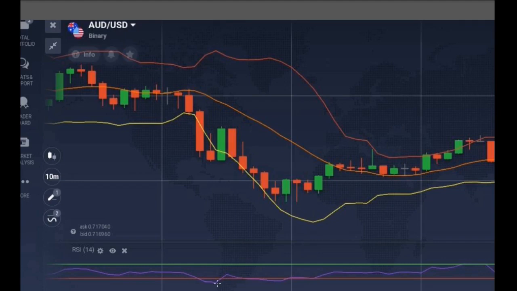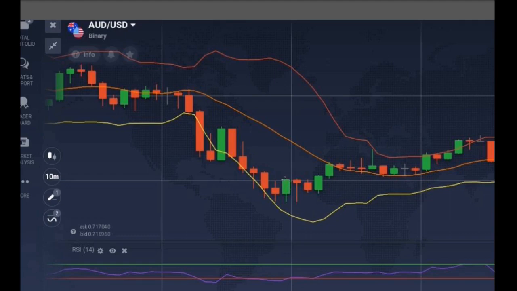You can see they are not the same. So when you see a lower low and a higher low, it's called a divergence.